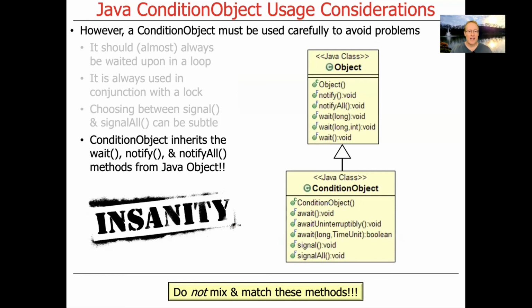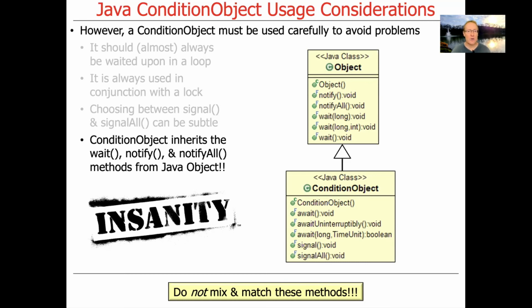Another thing to keep in mind, and I've run into this almost every year with some of the later programming assignments we're going to do: condition object inherits the wait, notify, and notifyAll methods from Java object, just like every other Java reference type. However, do not mix and match these methods. Do not call wait on a condition object and then call signal on the same condition object, because nothing good will come from that.